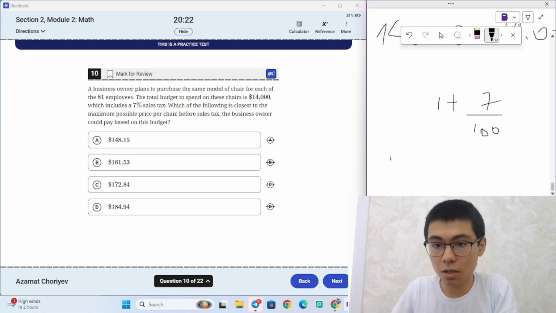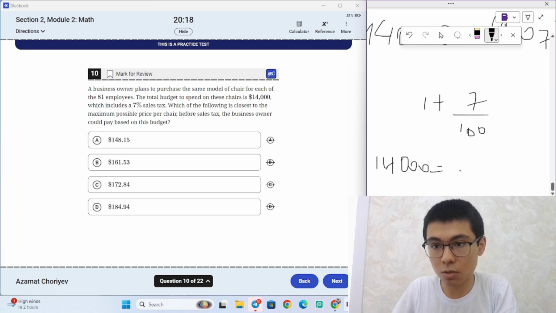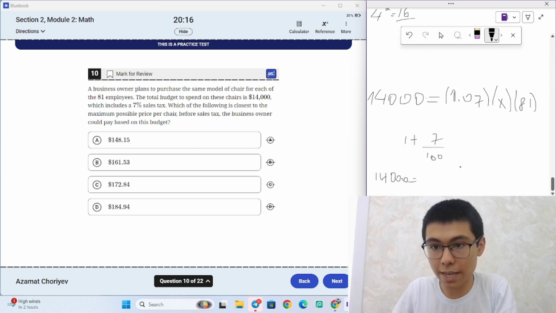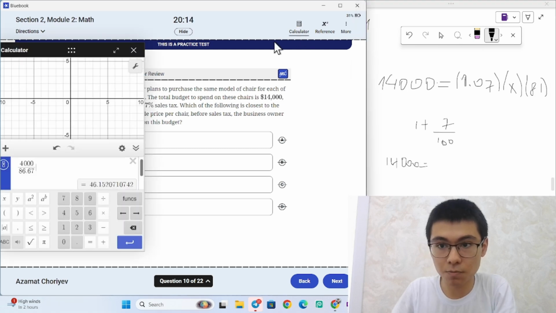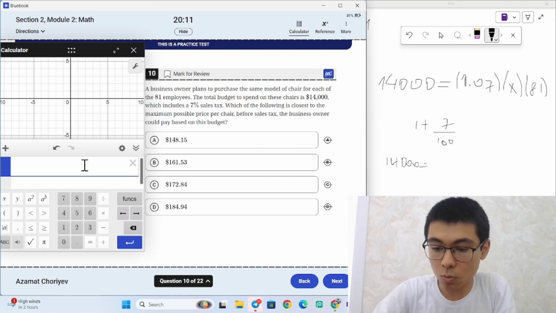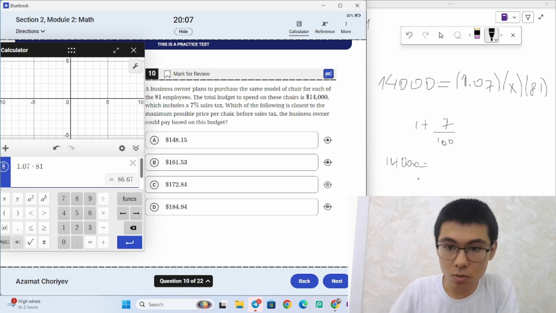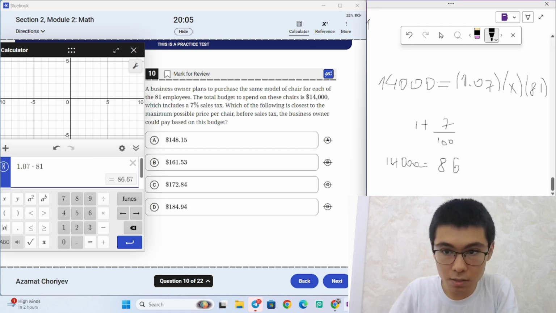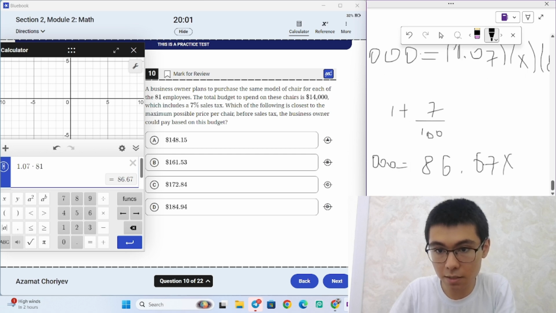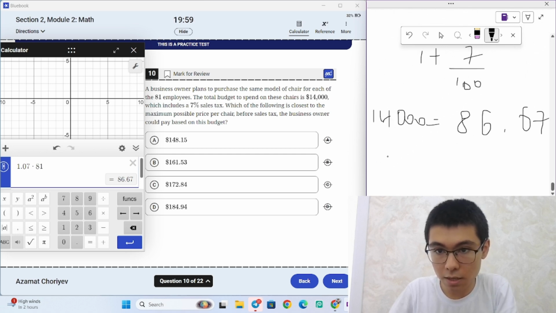So from here, 14 thousand is gonna equal, let me use my calculator to solve this. So 1.07 multiplied by 81 gives 86.67x, and now we gotta find x.